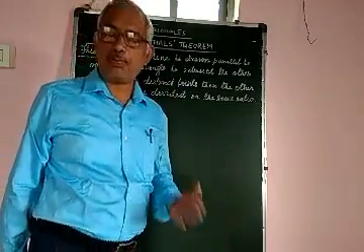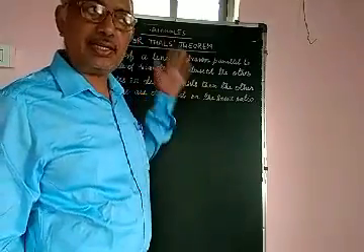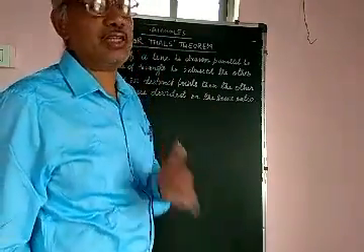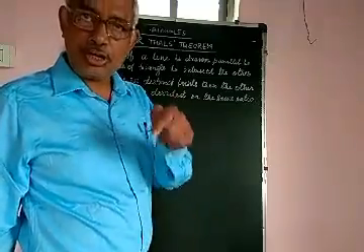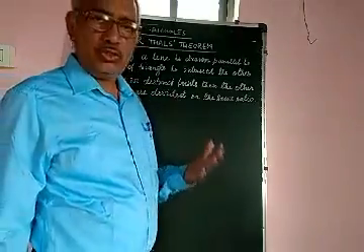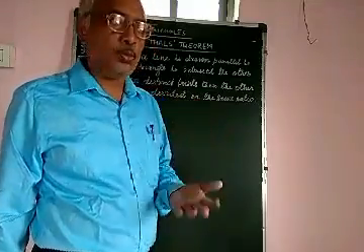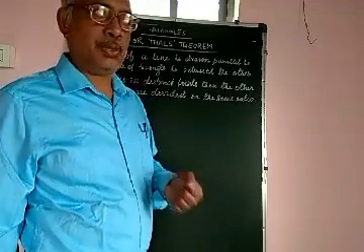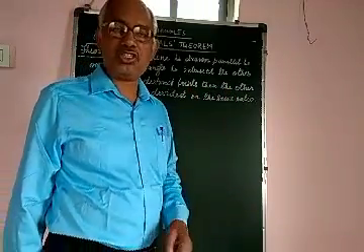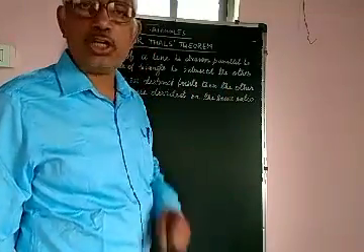Now, theorem is proved. As you know, theorem is proved in four steps. First step is given, second is to prove, third is construction if required, and fourth is proof.